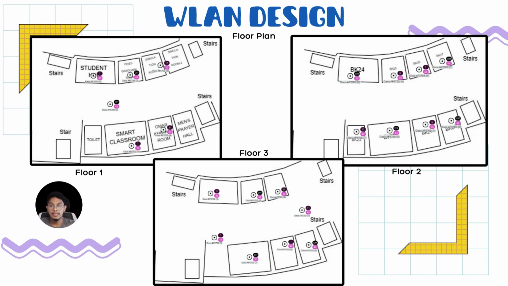On the first floor, we have the student hub, postgraduate room, simulation room, smart classroom, and then the men's prayer hall. And for floor 2, we have BK20 to BK27. And on the third floor, we have MK HPC, that is high performance computer, and then the programming lab, information technology lab, and also the computer lab.